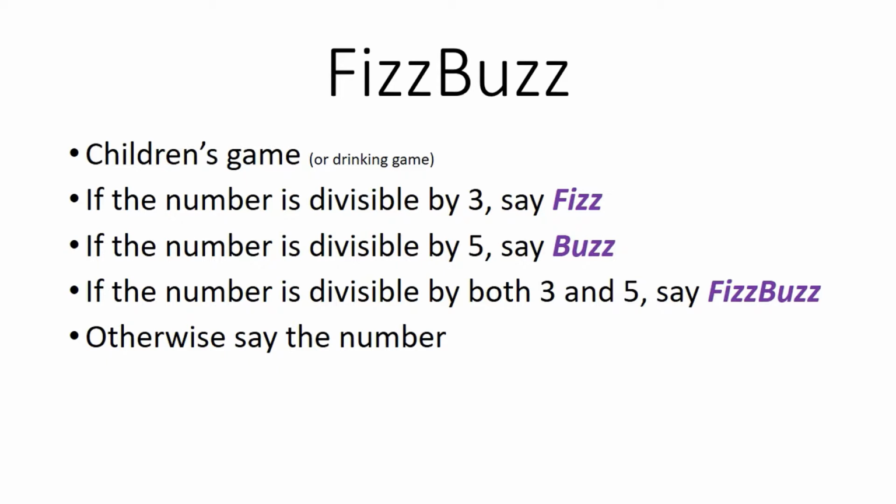In this case, we have 4 to choose from: divisible by 3, divisible by 5, divisible by both 3 and 5, and the otherwise condition. Generally, I like to begin with the one that has the least logic. It's often the default case, the else, or the fall through. In this case, that would be that last condition, returning the number.